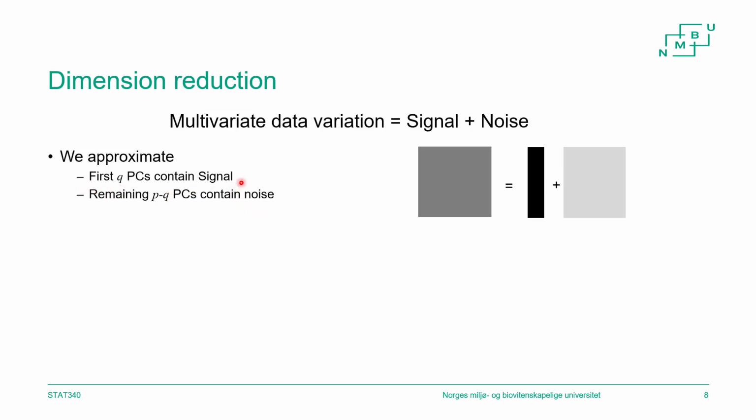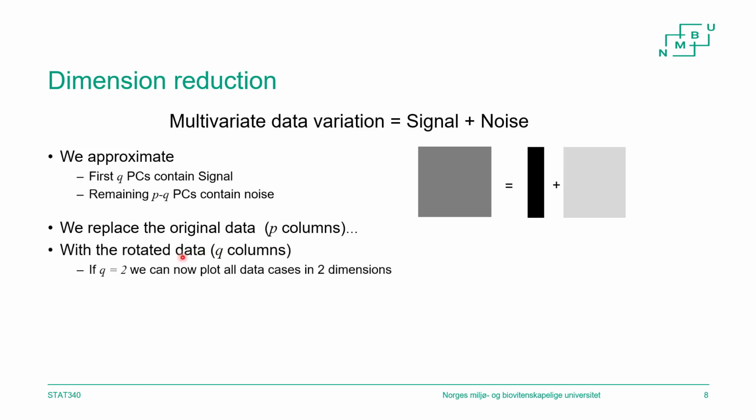So the idea is now to replace the original data by the first few principal components. And how many? Well, Q. We don't really know. So replacing the original columns with this rotated data.